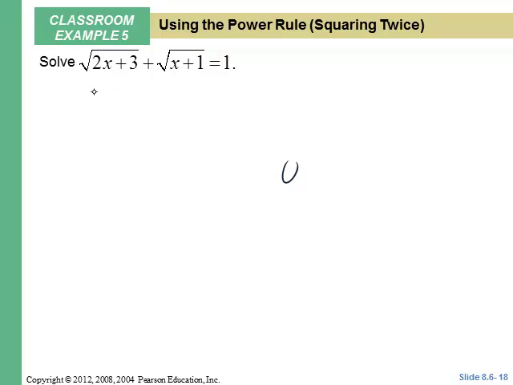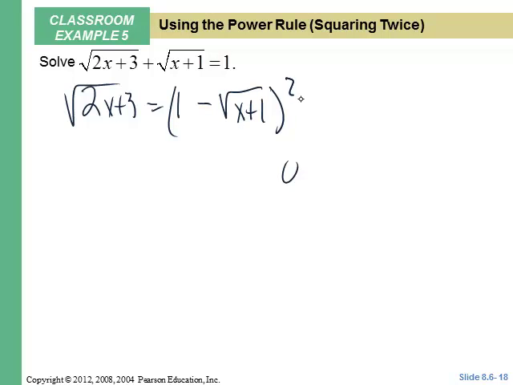On this side, I'm going to rewrite this as the square root of 2x plus 3 equals 1 minus the square root of x plus 1. Now, when you square both sides, this side becomes 2x plus 3, but this side becomes 1 minus 2 root of x plus 1 plus x plus 1.